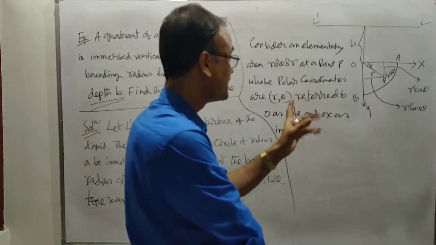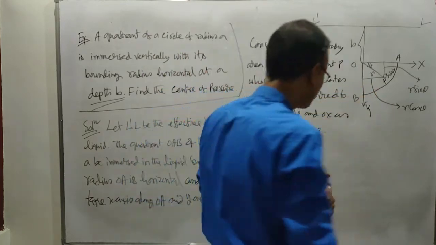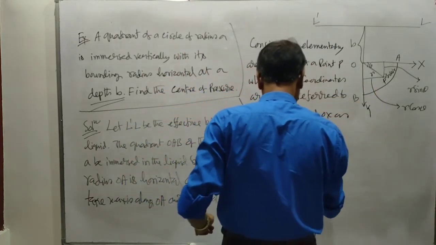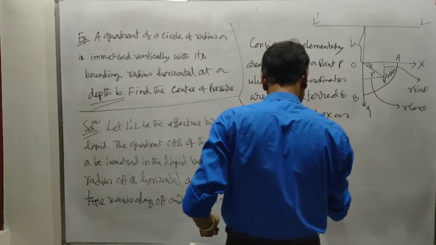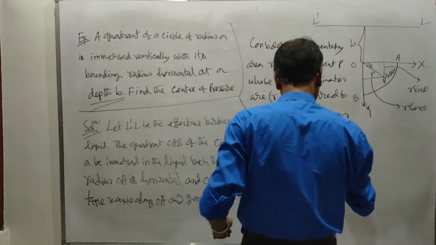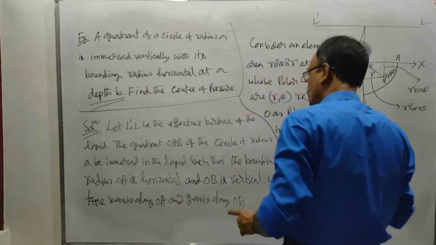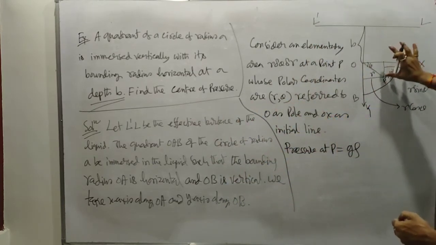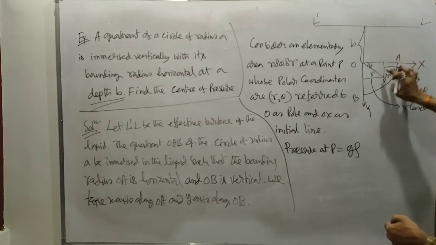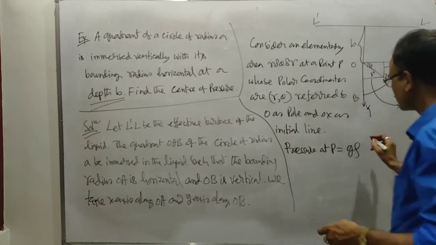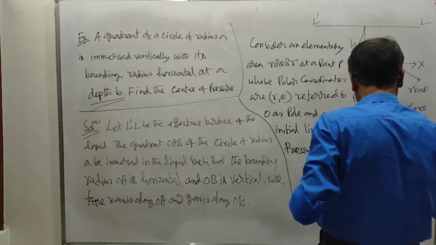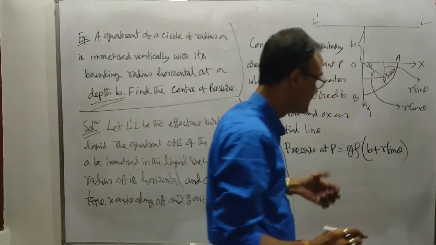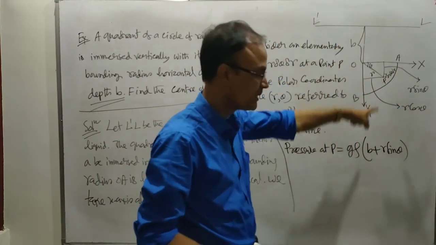Now, pressure at P is equal to rho g into this distance. What is this distance from the effective surface? It is B plus r sin theta, the vertical distance of P below the effective surface.